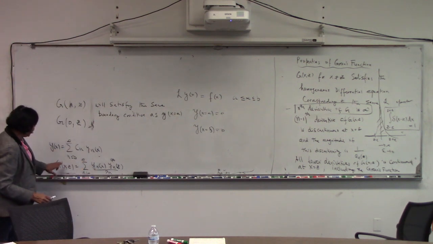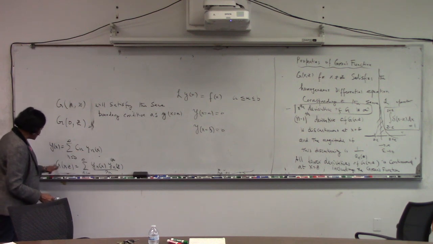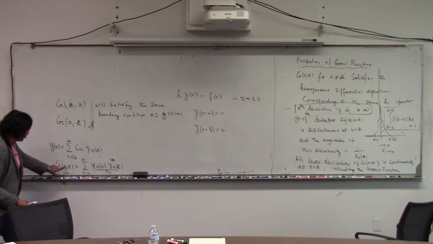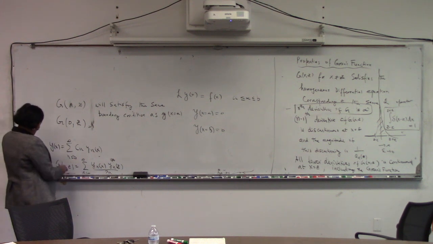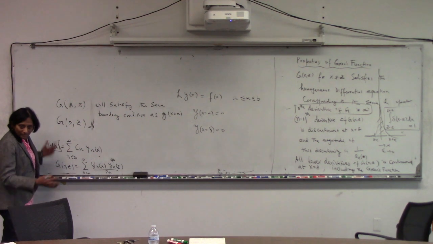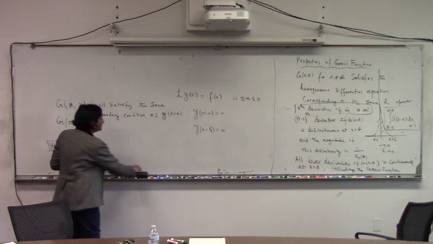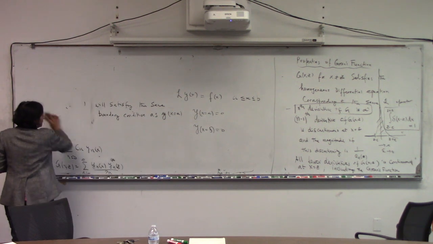So if y is expanded in terms of eigenfunctions and Green's function is in terms of that, it has to satisfy for x equal to a the same boundary condition as y, and at x equal to b the same boundary condition as y at b. That's the reason why we have this boundary condition. So we have to exploit all these properties also. Okay.